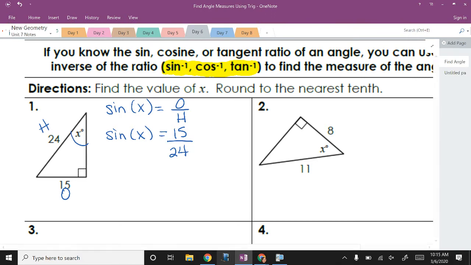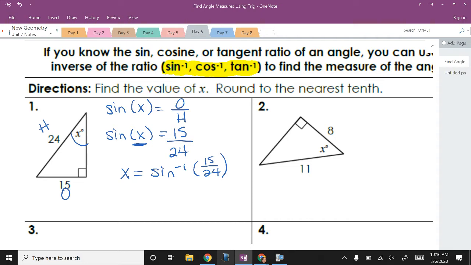Yes, it can be simplified. You can simplify it if that's bugging you, but you don't have to. So to get the angle measure, you're going to use the inverse sine. So you're going to say x equals sine inverse of that fraction. That's what you're going to write down. To get the angle measure out of the parentheses, you do the inverse.